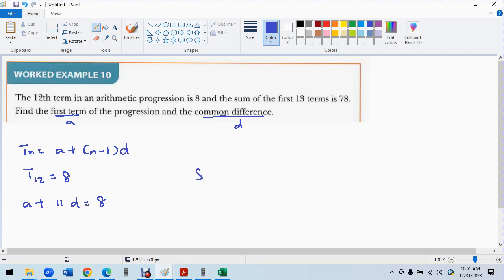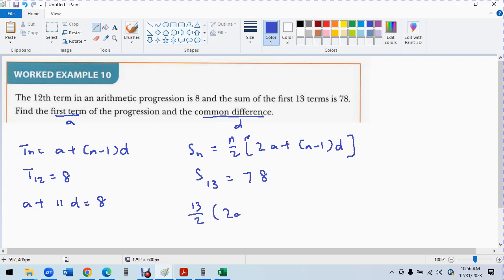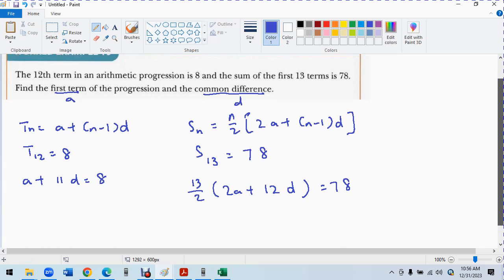Then S13 equals 78. And we know that Sn equals n over 2 times (2a plus (n minus 1) times d). So we have 13 over 2 times (2a plus 12d) equals 78.